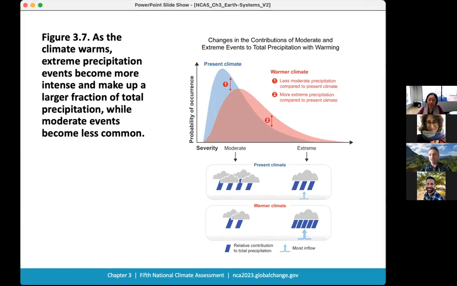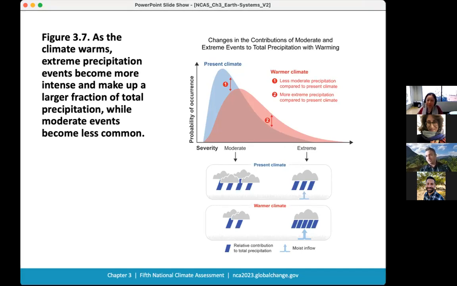It's just that the distribution changes, where you're getting more of these really short, intense rainfall events, these precipitation extremes, which of course have a lot more impacts on society, when it comes to flash flooding and things like that. And you're also getting fewer of the less intense rainfall events.